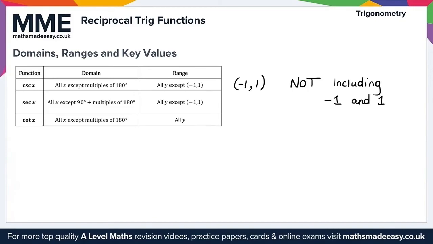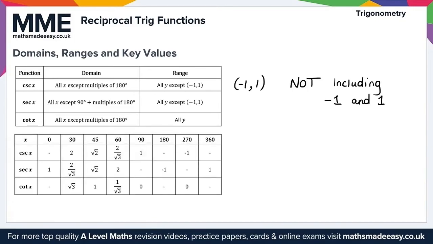And what we've also got then is this table here for our exact values for cosec x, sec x, and cot x. We can see our values of x here in degrees. So you might also find that useful as well. That gives us everything we need for domains, ranges, and key values, and that concludes this Maths Made Easy video on reciprocal trig functions.